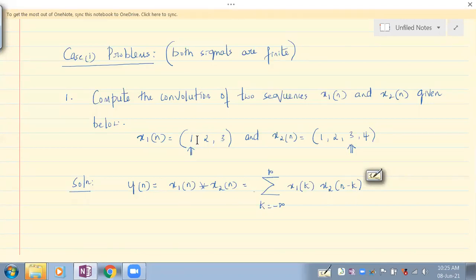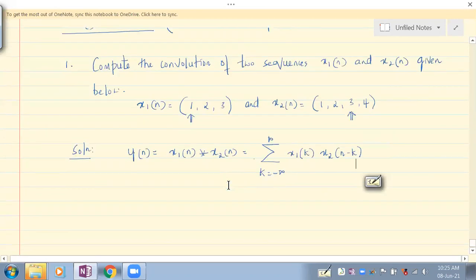So what would be the length of the output signal is the question. First let's understand the length of the output signal.